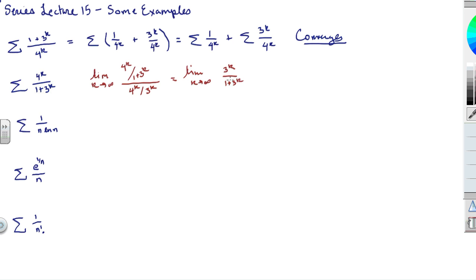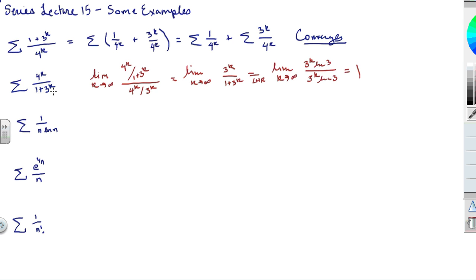You might notice that the 3 to the k takes over from the 1 plus 3 to the k, but let's just use L'Hopital's rule because that is of the form infinity over infinity. Limit as k goes to infinity of 3 to the k ln 3 over, the derivative of 1 is just 1, 3 to the k ln 3.